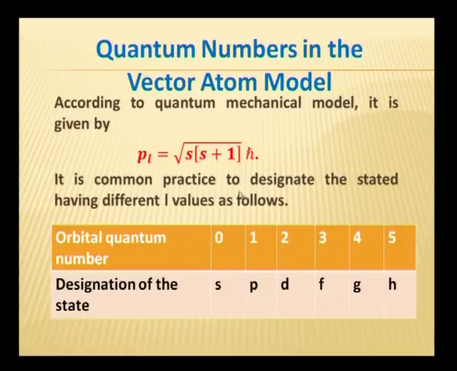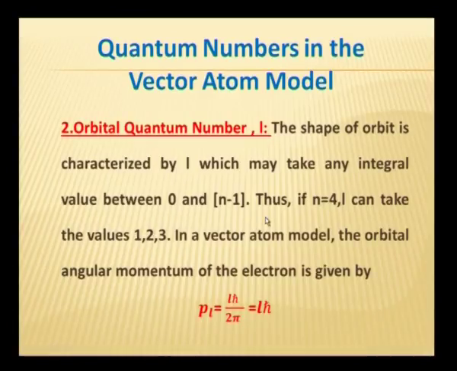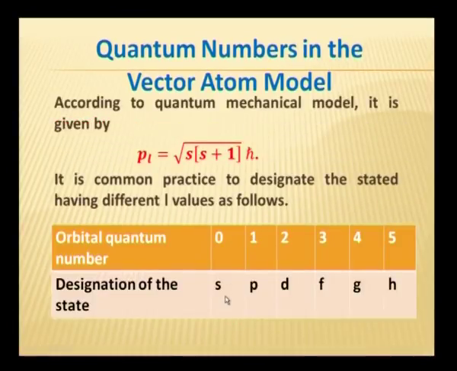So, it is a common practice to designate the different L values as follows. I told you about the different L values. L will take values from 0 to n minus 1. If it is 0, that is called an S state, the first subshell.